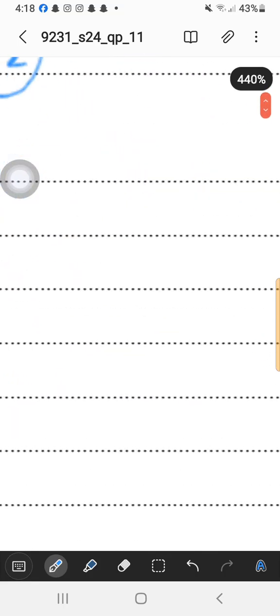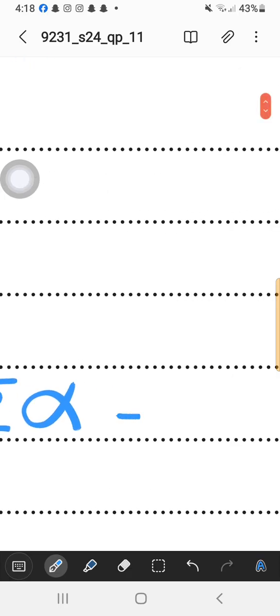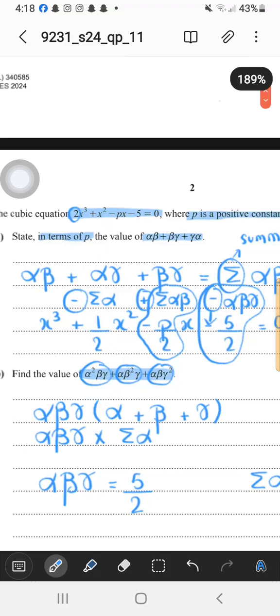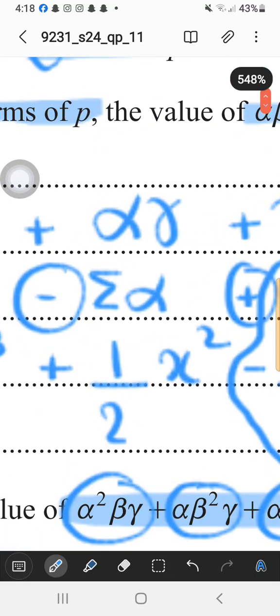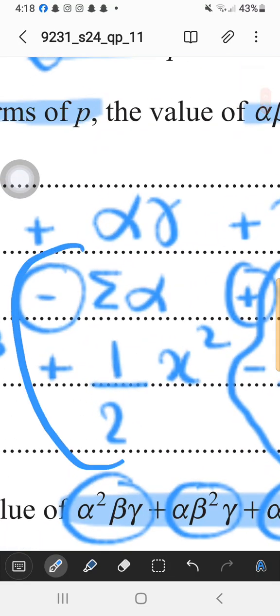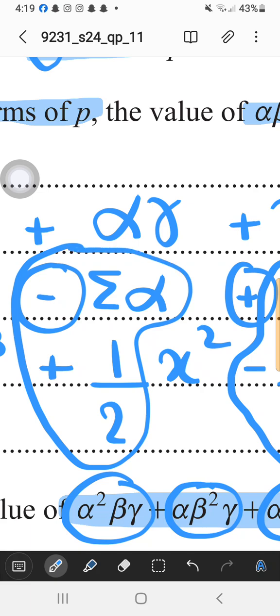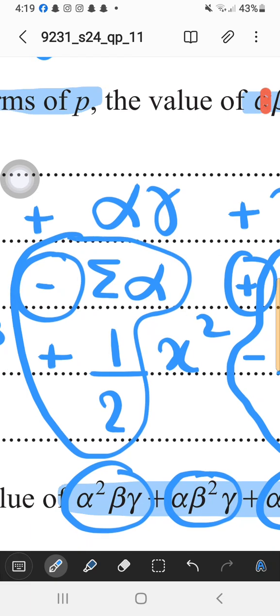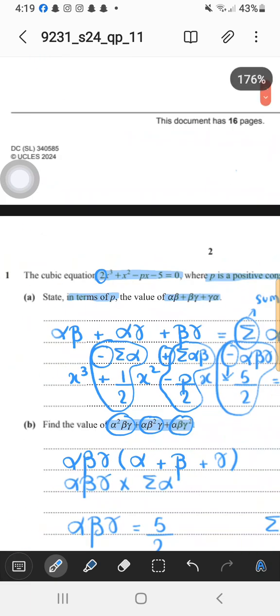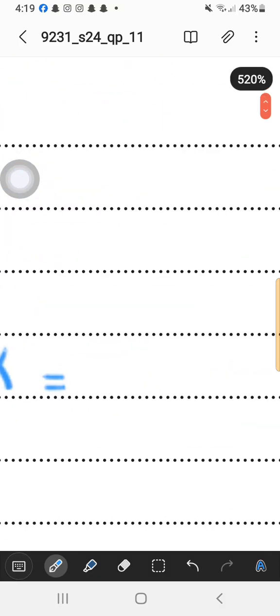Similarly, for summation of alpha, we can get it from here. The sign of 1 upon 2 will get changed and it will become negative 1 upon 2.